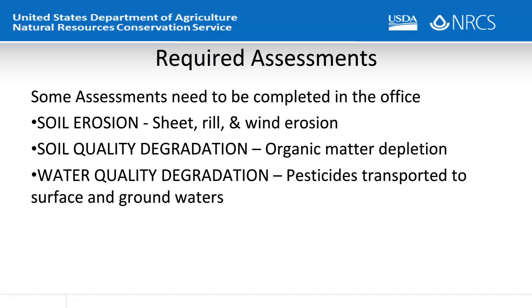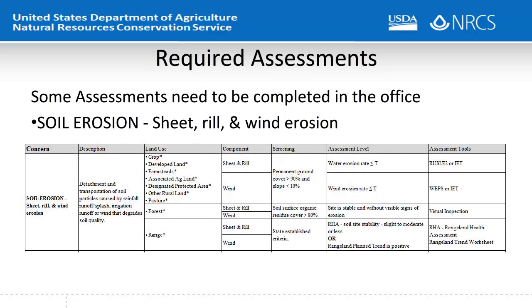Some resource concerns will require further, more detailed assessments that will need to be completed in the office. For soil erosion, sheet, rill, and wind erosion, we used the observation method to determine that the cover was not sufficient in the screening question, but we must run a predictive tool, Russell II and WEPS, or IET, to calculate the predicted soil erosion.